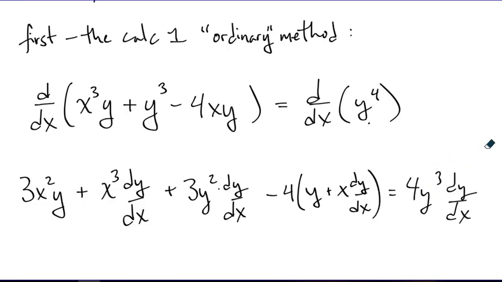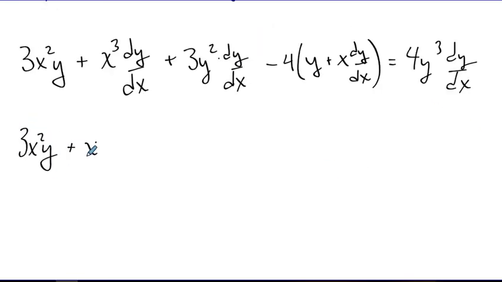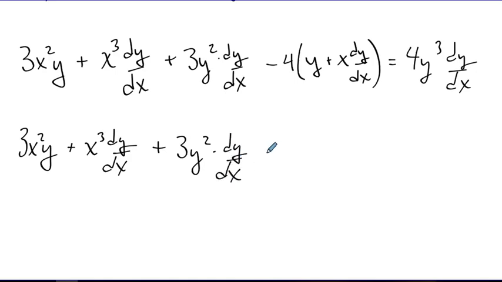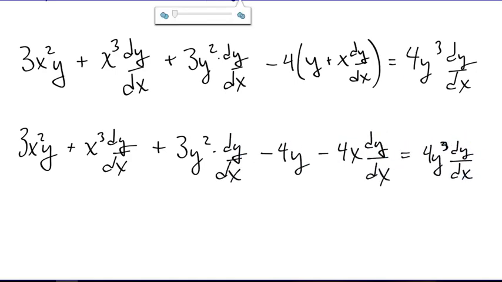Now from here what we're going to do is just move all the terms that have dy dx onto one side, on the left side, and then isolate dy dx by factoring it out. So right there I distributed the negative.